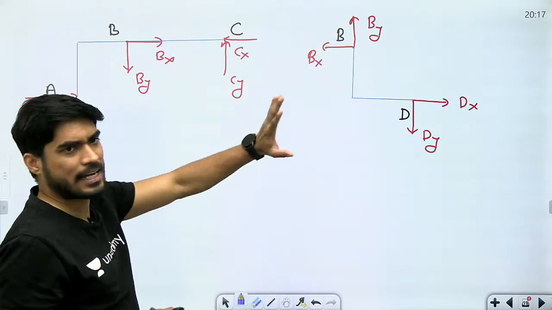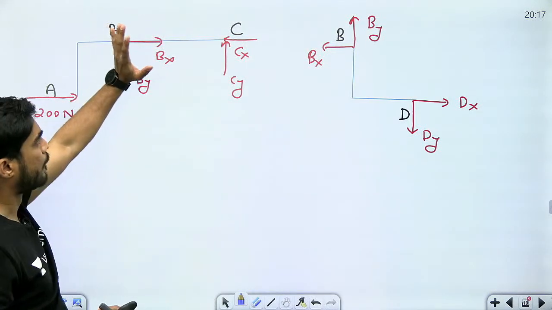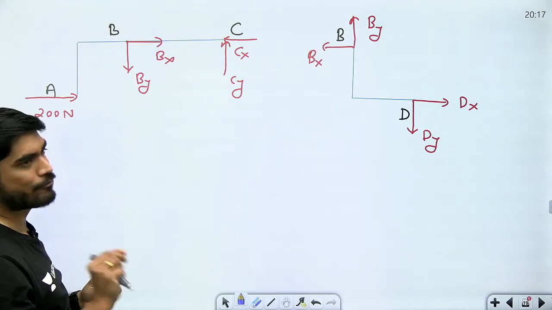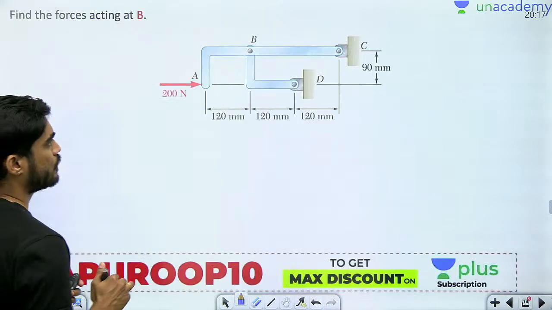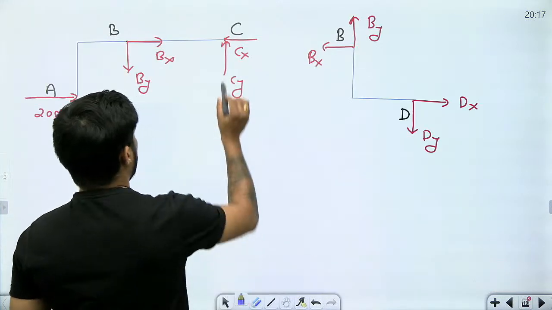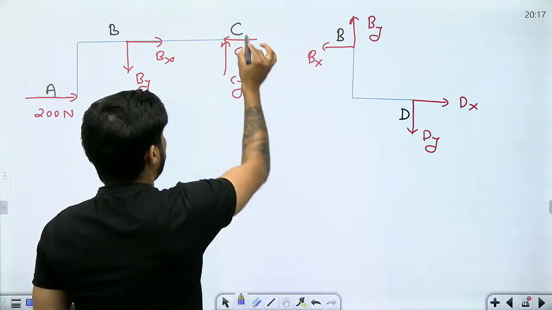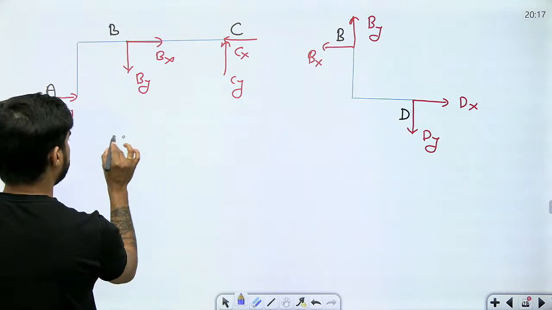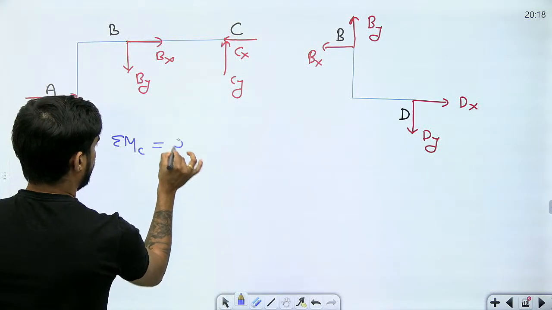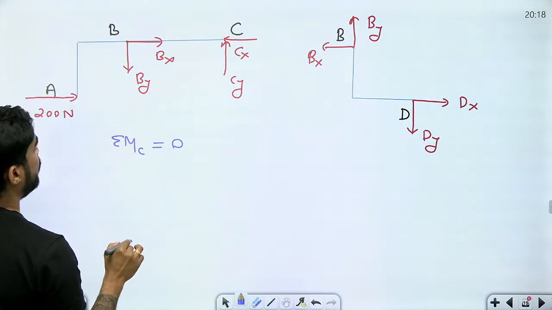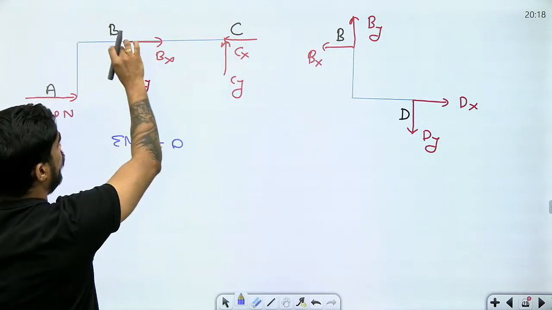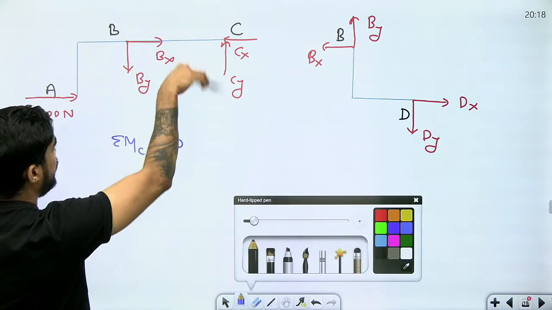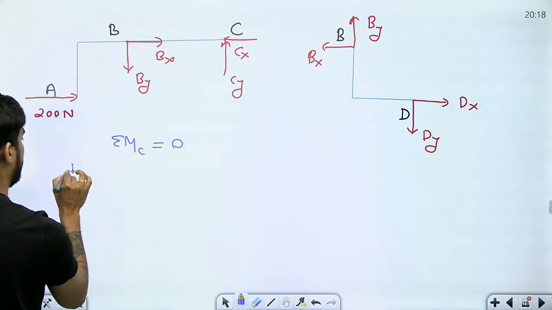But we don't need all the unknowns. यहां पे आपको सिर्फ क्या निकालना है? bx और by निकालना है, राइट? मुझे सिर्फ bx और by से मतलब है, मुझे सारे फोर्सेस से मतलब नहीं है. ओके. तो भाई क्या करेंगे? फर्स्ट I will take the moment at C here and I will calculate by. C पे मोमेंट लूंगा तो by मिल जाएगा, because bx, cx and cy all are passing through C, so they will be gone. The moment of by will be anti-clockwise, 200 will also be anti-clockwise.